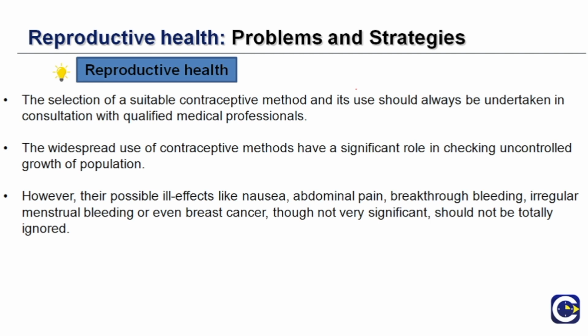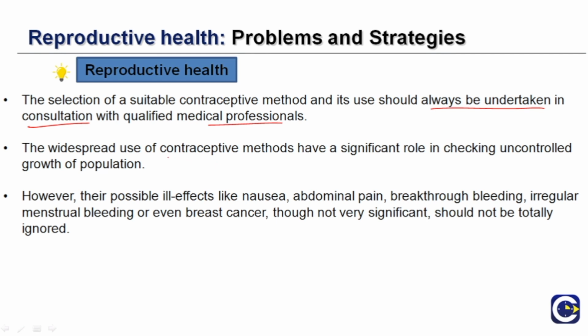So the selection of a suitable contraceptive method and its use should always be undertaken in consultation with a qualified medical professional, because every body is different and there are certain things happening in each body. So therefore it is important that except for the condoms and the natural methods, you should always try to consult a medical professional before using a particular contraceptive agent.